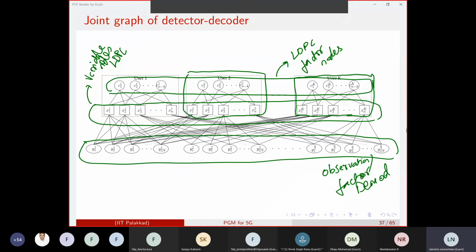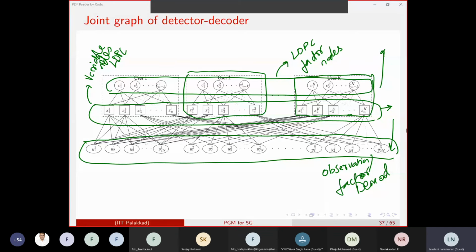Because these variable nodes are common between both the LDPC decoding and the demodulation, we can in fact combine these together. Because of this combination, once again, there is a reduction in computational complexity. Had there not been this combination, we would have this graph separately and this graph separately. Once again, the messages would have been computed here separately and there separately.